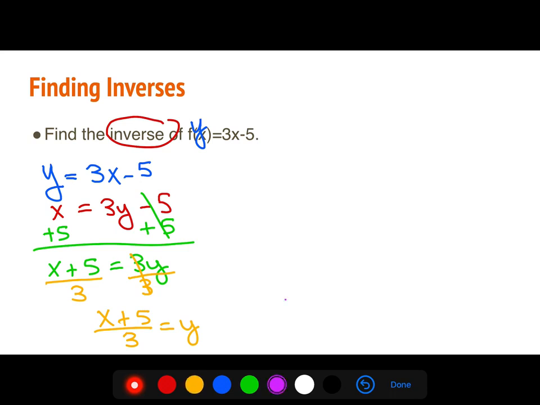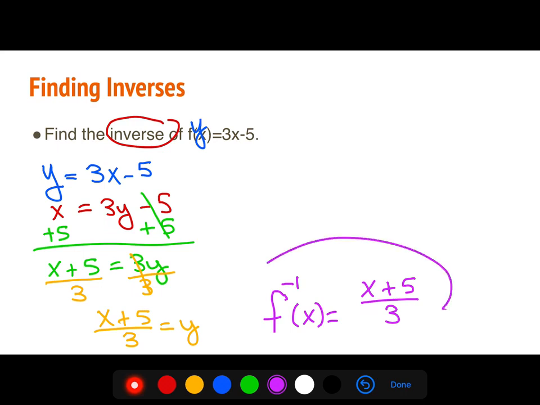x plus 5 is 3 times y. Now I've got to get rid of the number in front of y, which is 3. So divide by it. So I get x plus 5 over 3 is equal to y. And then we should be good students and write that as f inverse, since our function was f.